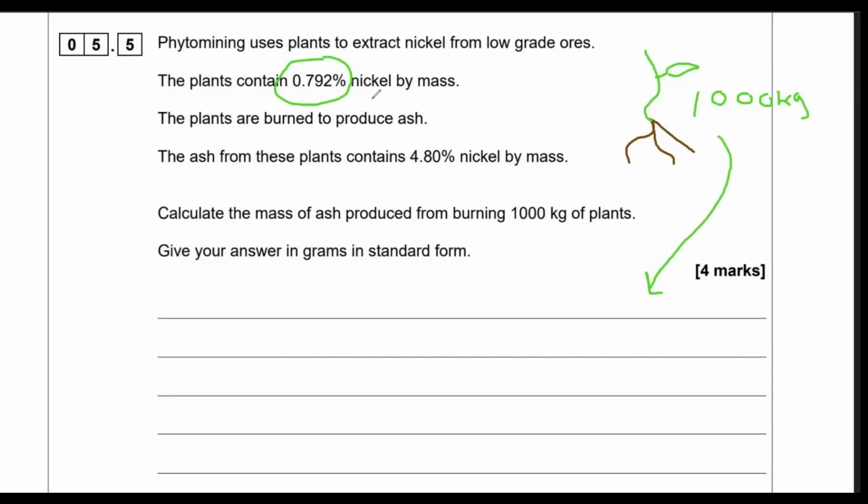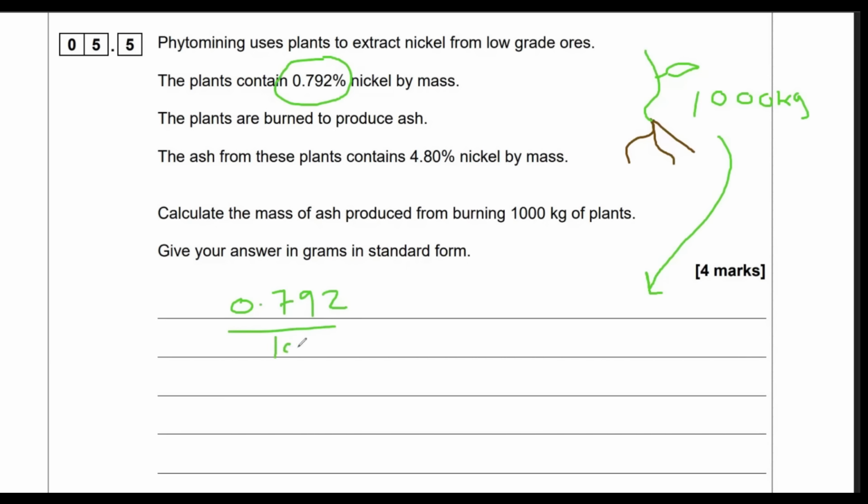So what we want to do is find how much nickel is in the plants. I basically need to divide 0.792 by 100 and times by 1,000 to find out how many kilograms of nickel are in the plants. That's what you do when you times by a percentage. You divide by 100 and then times by 1,000.